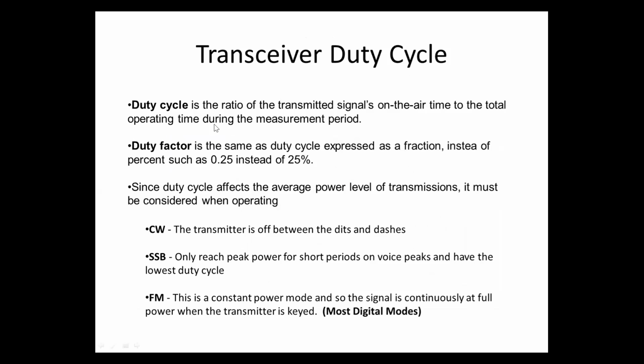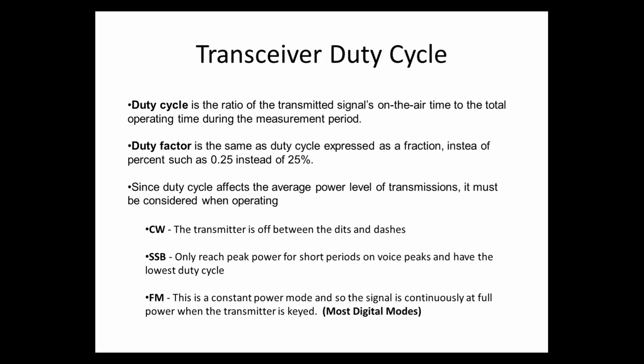Okay, we mentioned concern about duty factor, duty cycle. Most of the digital modes operate at 100% duty cycle where the transmitter's on. Because if you think about it, let's say you're using frequency shift keying, FSK.